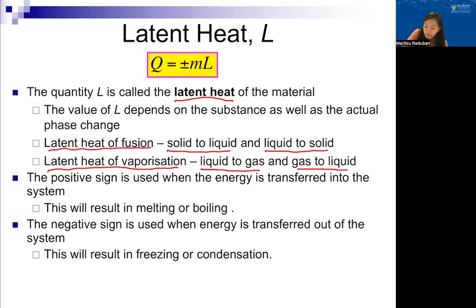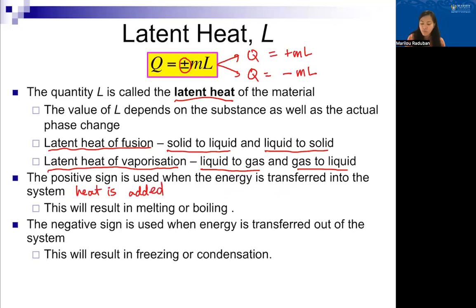The positive and negative signs here, plus minus, mean you can either use a positive mL or a negative mL. So we can simplify this into two equations: Q is equal to plus mL or Q is equal to minus mL. Q is equal to plus mL is used when energy or heat is added to the system.